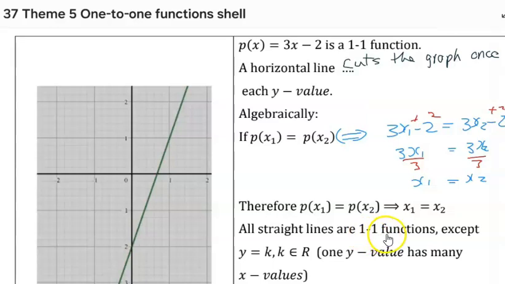All straight lines are one-to-one functions except vertical lines, which are not functions anyway, or horizontal lines. For horizontal lines, for one y value, I will have many x values. So we exclude those two, the vertical and horizontal lines.